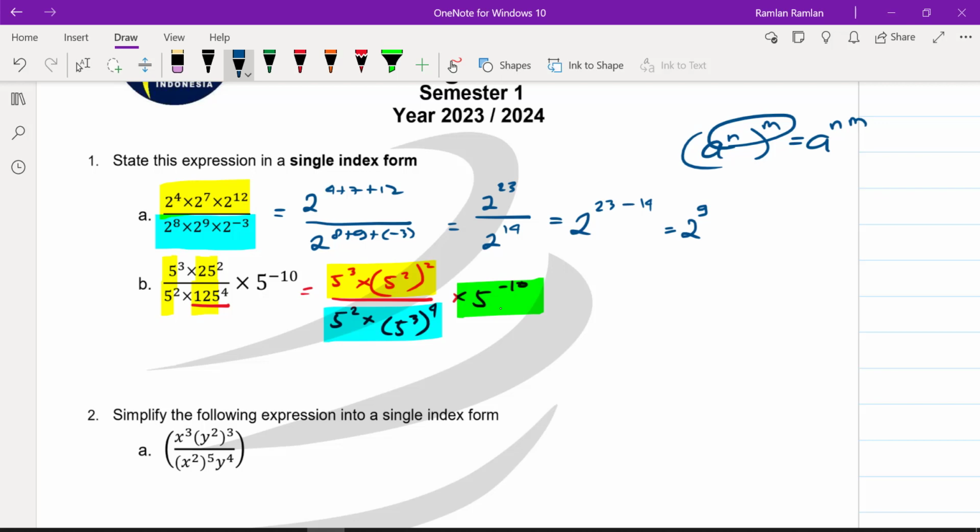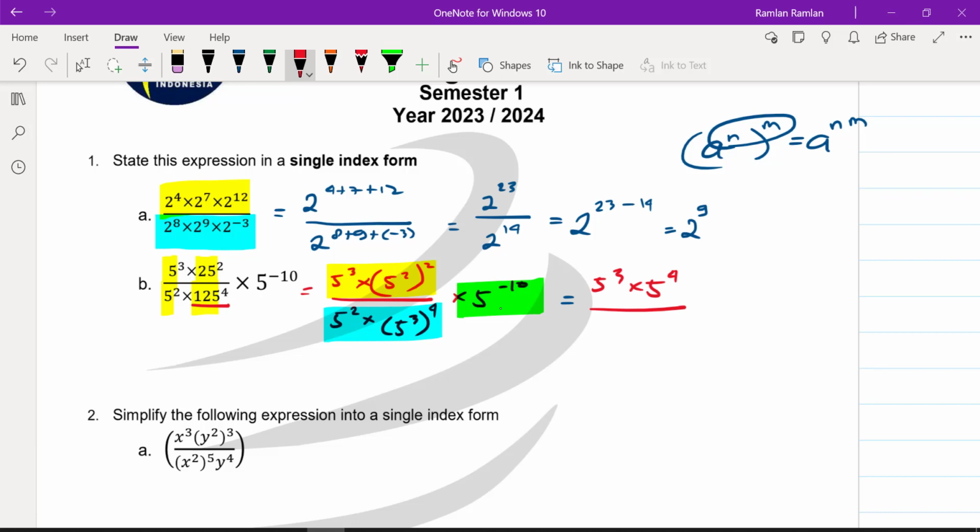In here, all of the terms are in the same exact base, which is 5. So 5, 5, 5, 5, 5, right? So after doing that, we can expand the bracket. Here we're going to expand this one, it becomes 5 to the power of 2 times 2, right? 2 times 2 is 4. So I'm going to write this down: 5 to the power of 3, and then times 5 to the power of 4, right?